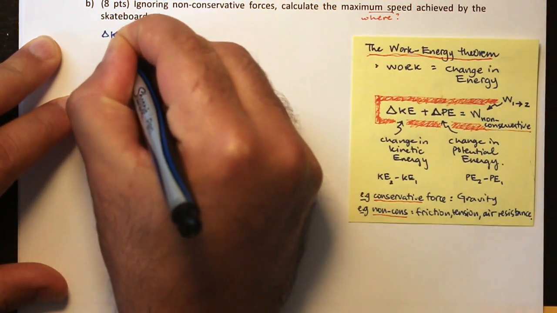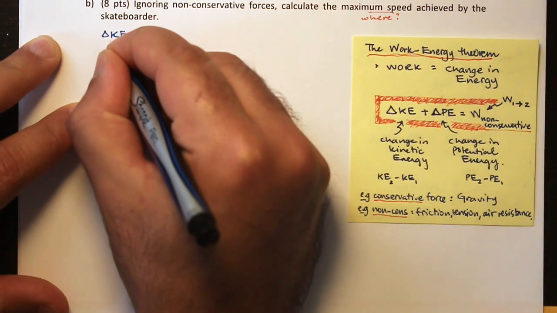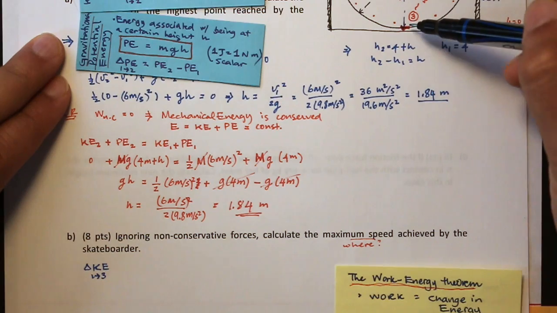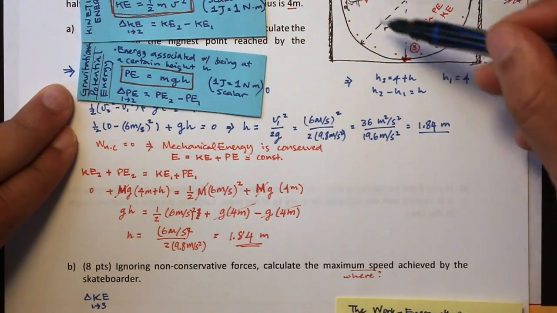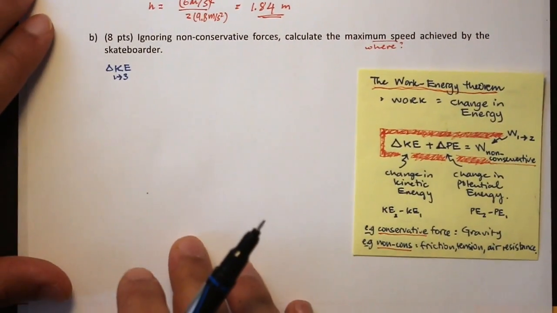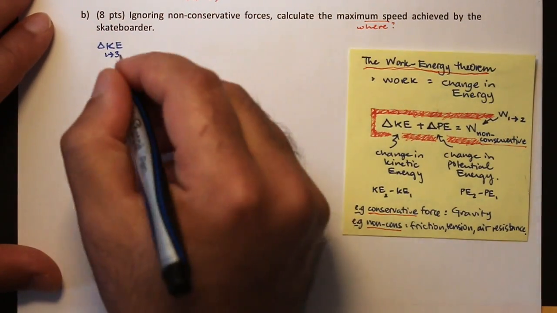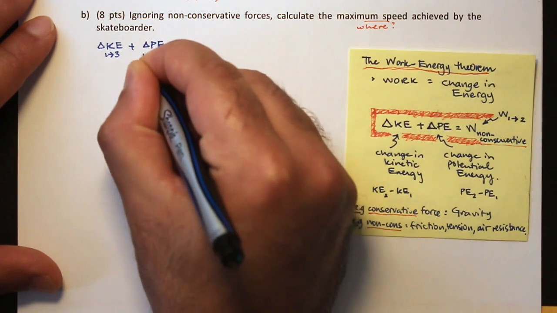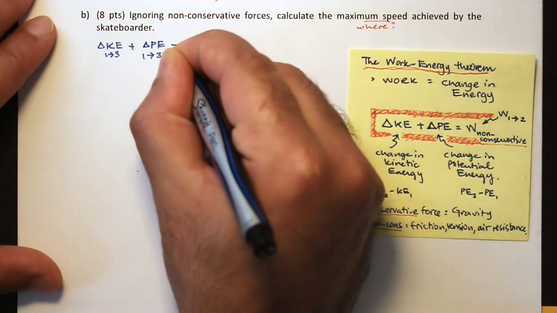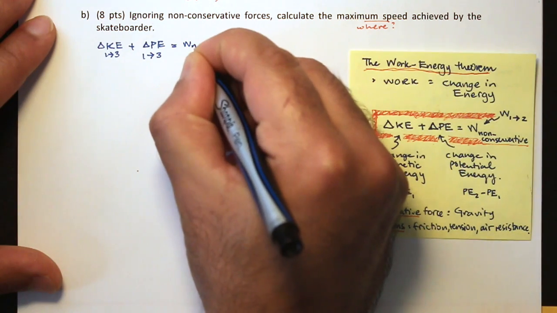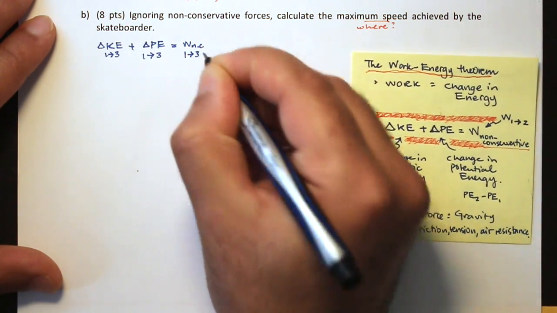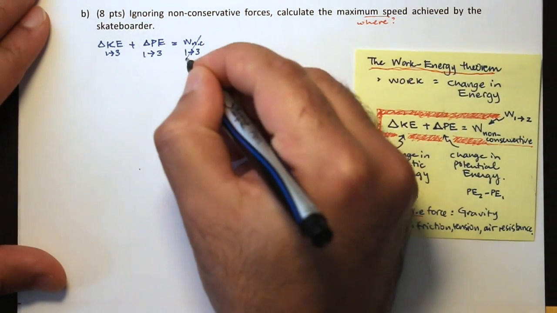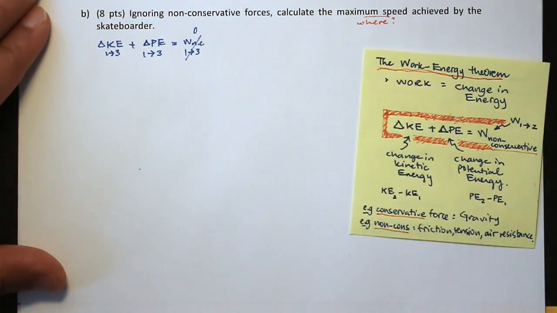The change in kinetic energy between positions 1 and 3, 1 is here, 3 is here, plus the change in potential energy between 1 and 3 is equal to the work done by non-conservative forces between 1 and 3, but because I'm ignoring non-conservative forces, this is equal to 0.